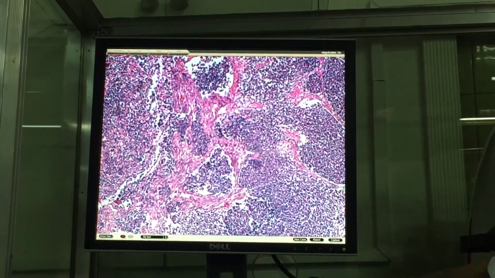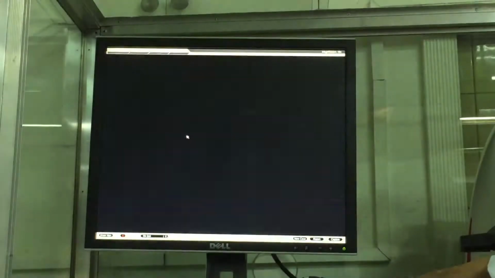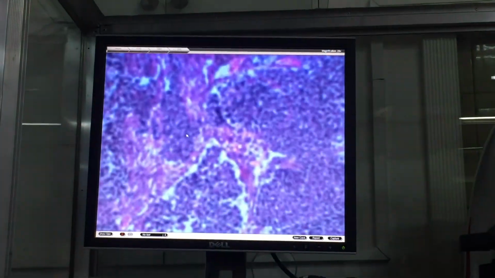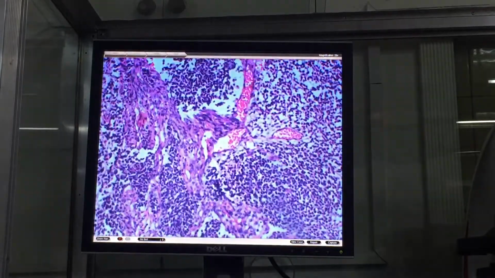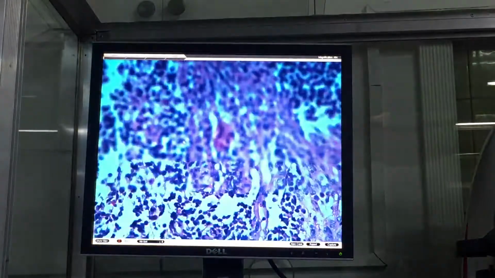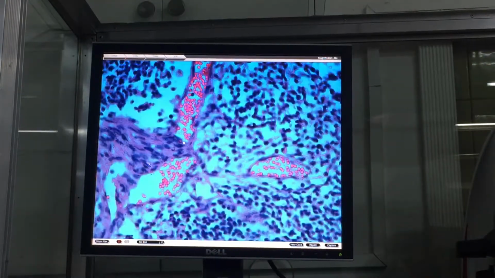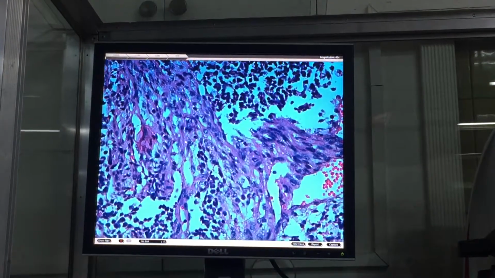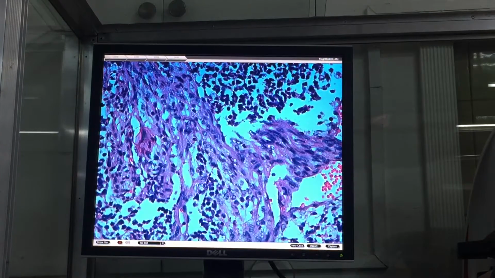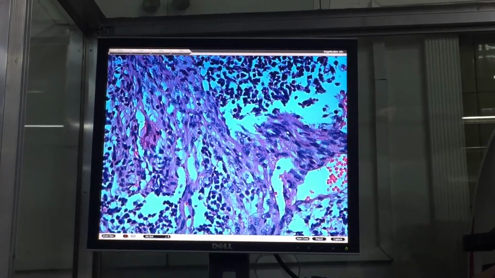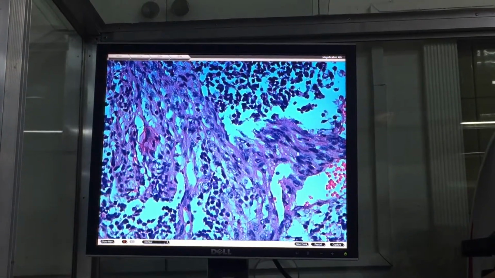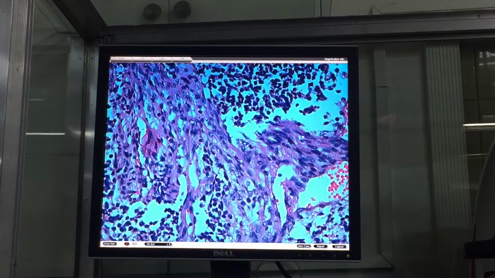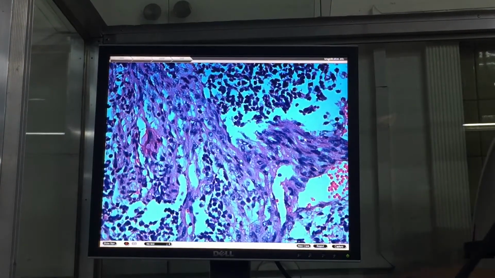But here it's more of fibrous. Okay, as you can see, higher magnification. Those stromal cells are made up of, I think this is fibroblast, characterized by elongated cells with cigar shape or still also elongated nuclei. Okay, those are your stromal cells.